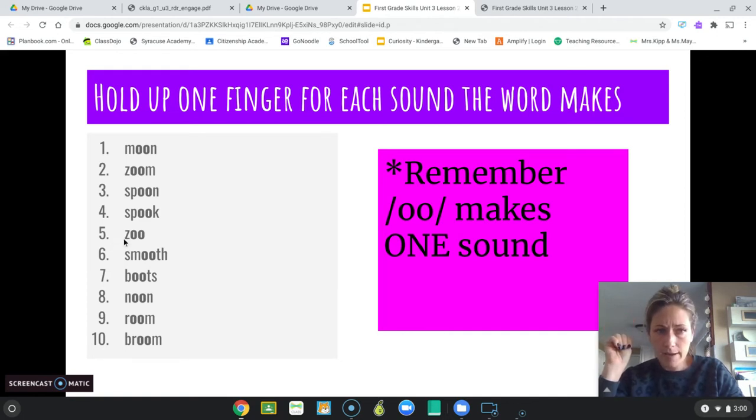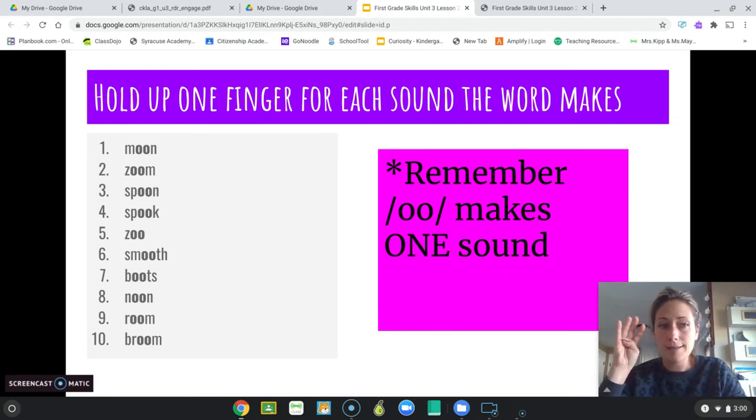Number 5. This one looks tricky. Let's see. Z, ooh. Only 2 sounds, right? Because remember, ooh only makes 1 sound. Number 6. Smooth. S, m, ooh, th. 4 sounds.